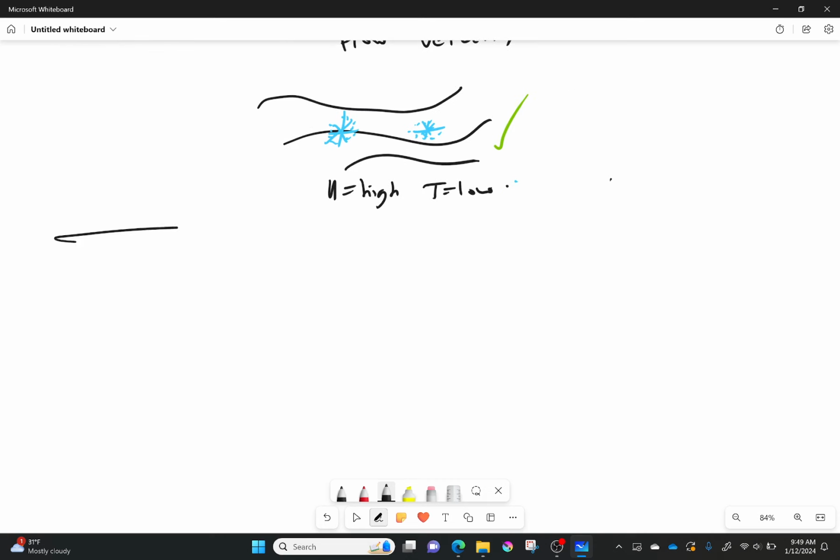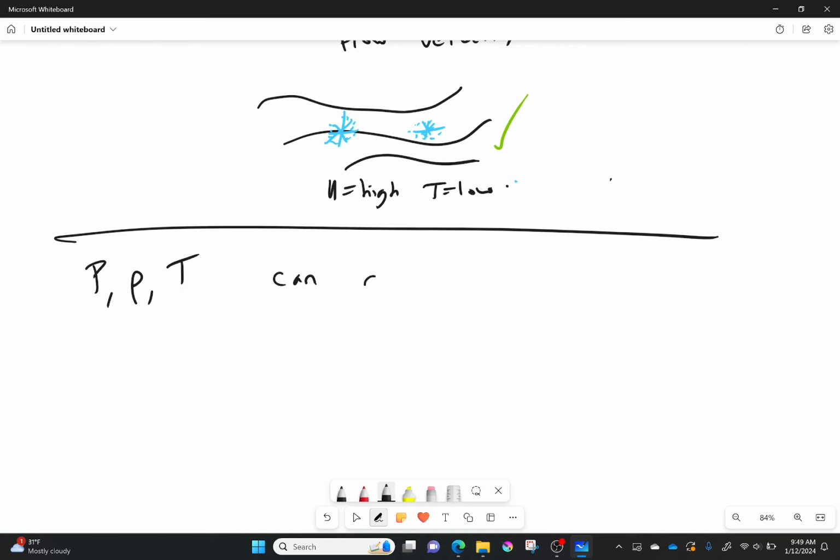Now, one thing to know before we go to our last one is that pressure, density, and temperature can all produce forces on objects.